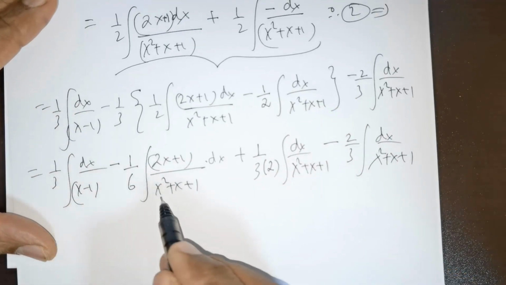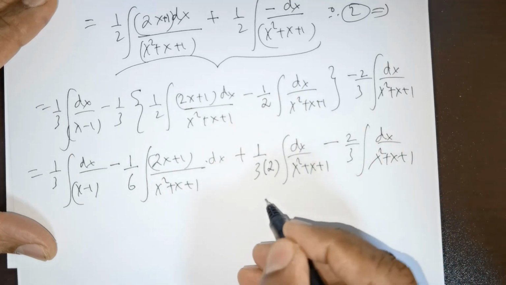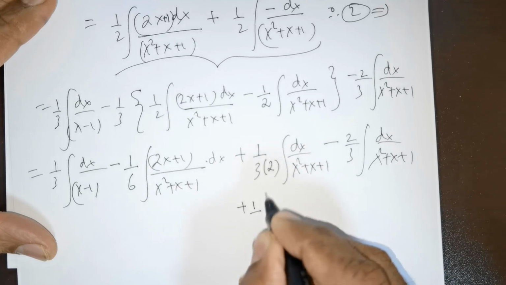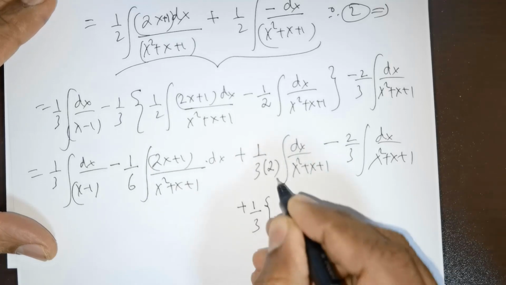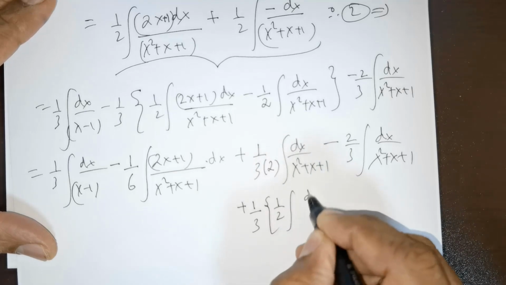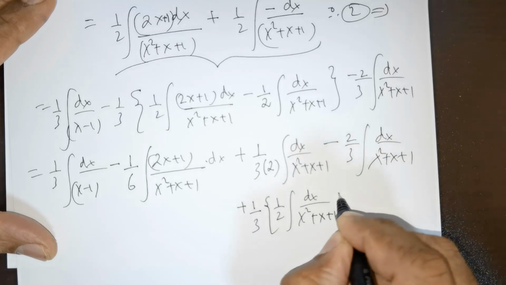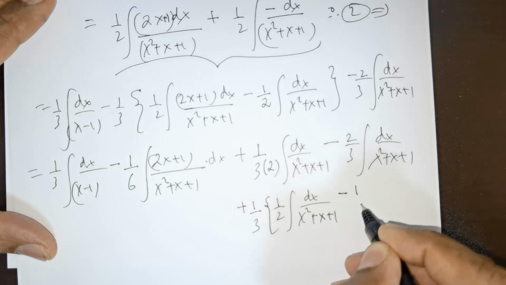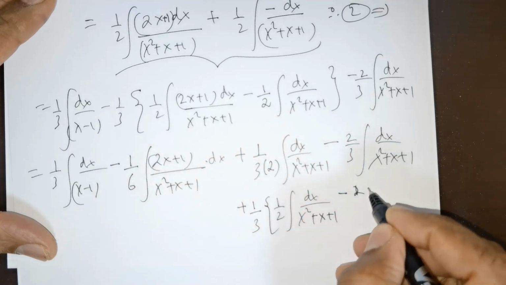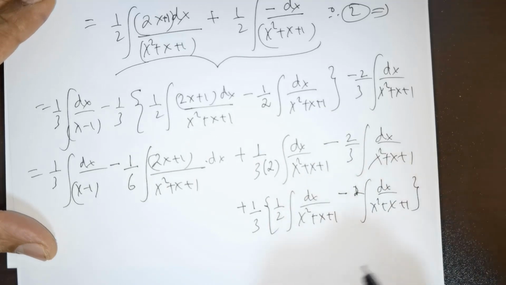Now this can be handled. For this I will take 1/3 out. If I were to take 1/3 out, this is going to be 1/2 times integral dx over (x²+x+1), and this is going to be 2 times integral dx over (x²+x+1), with 1/3 out.